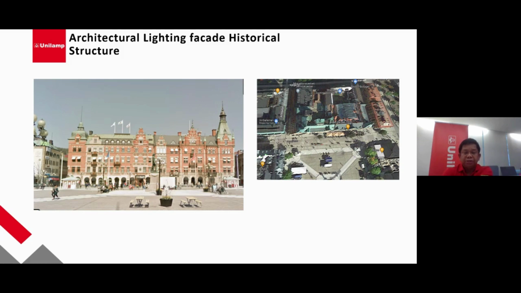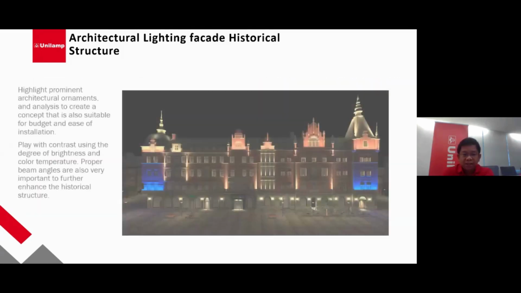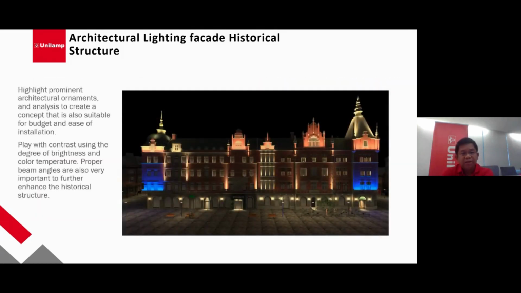From the Google locations, I evaluate further what's in the area, which side of the building we need to highlight, and which portions of the building we give emphasis to. So we do some analysis. We highlight the prominent architectural ornaments to create the concept and to suit the budget. Budget is also a concern here.